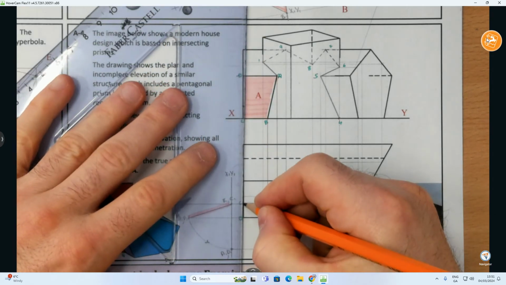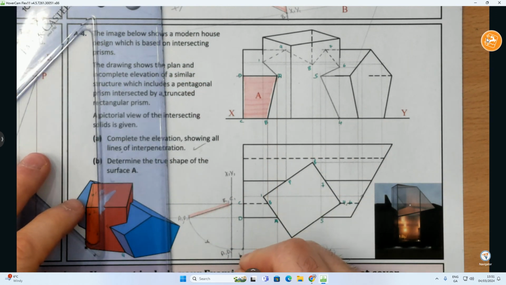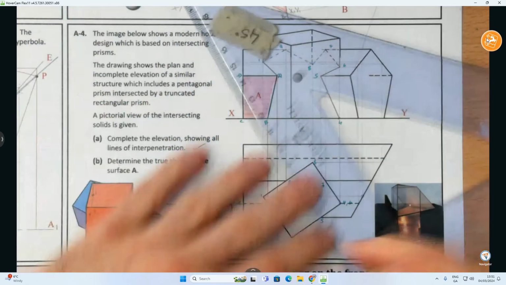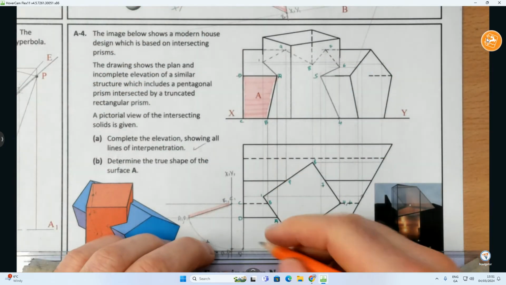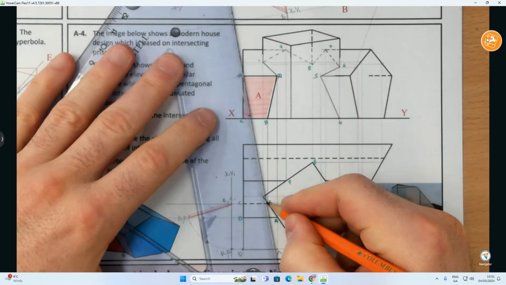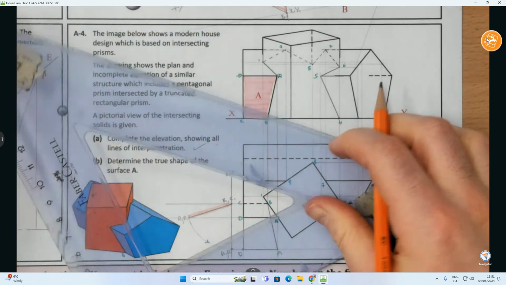There's the true shape. C connects to D, and remember, our new position for D is here and our new position for A is here. Just mark it there. D connects to A, and like in the drawing, A connects to B. So here's B. Okay, there we have it.